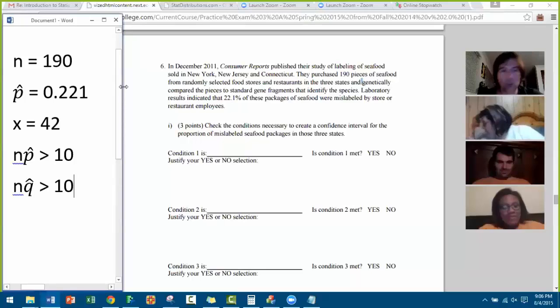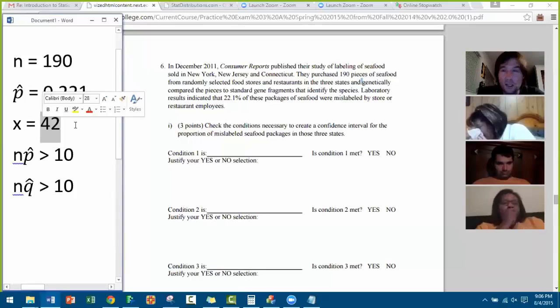So there is our condition right here that np hat and nq hat are greater than 10. And we meet that because this says we need to see this many successes. We have 42 successes, a success being a mislabeled package.